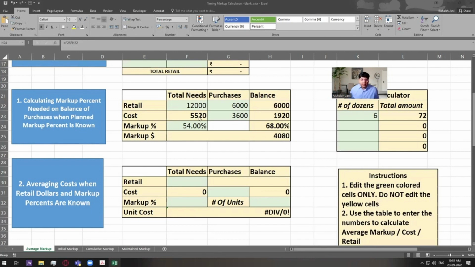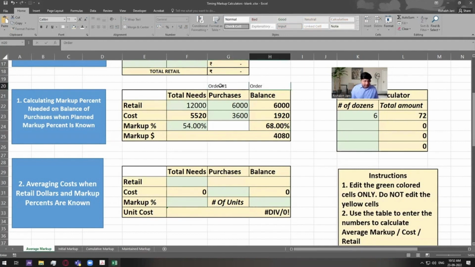Okay, but we already had a markup percentage. That's 54%. What is this 68? Why are the two different figures? This 68 is for the new lot that we're going to buy. Very good, right? So maybe you can look at it as an average. Right, that's average.